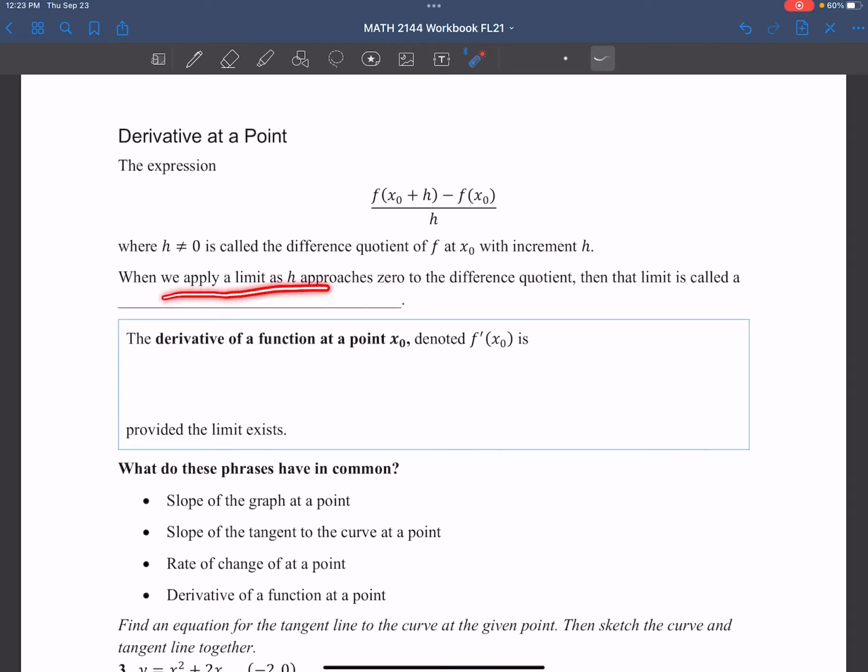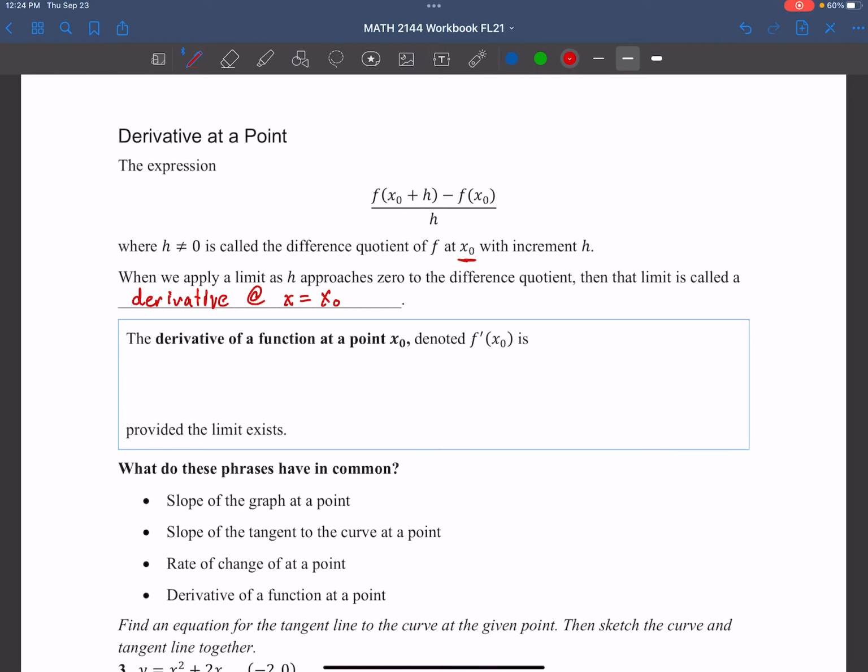When we apply the limit as h approaches 0 to the difference quotient, this limit is also called the derivative at x equal to some x naught. So where x naught is some x value that you can plug in.